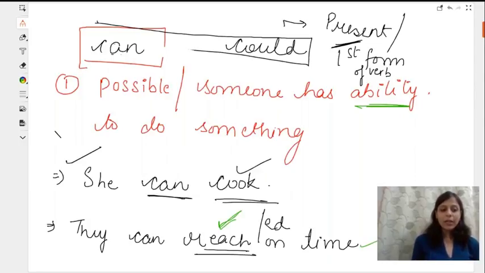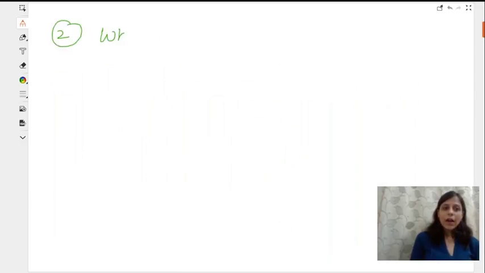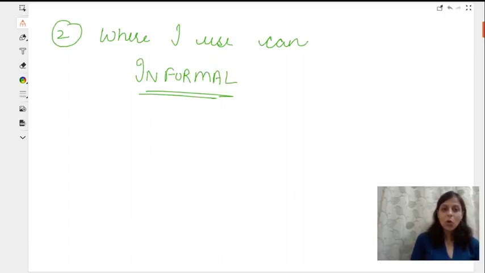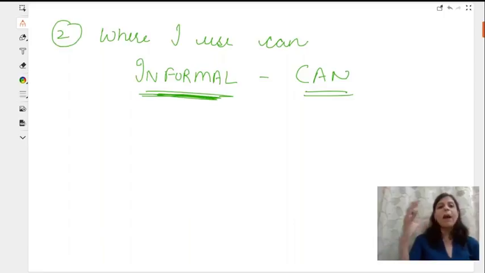So that is where we use the first form. The second case where I use can is informal. I've written it in bold so you don't forget. It's with your cousins, it's with your family members.